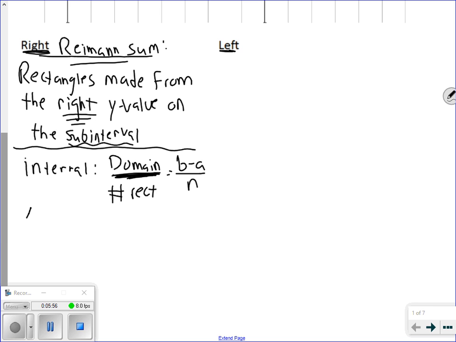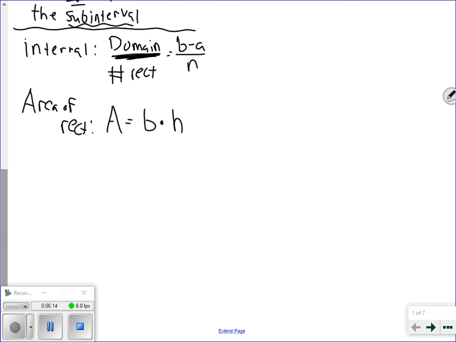Now, whenever I'm finding the area of each of these rectangles, I want you to remember how area of a rectangle works. It's just base times height. Okay? Now, the base is going to be this b minus a over n. It's going to tell me the length of each of my rectangles. So, what I want us to do is substitute in b minus a over n.